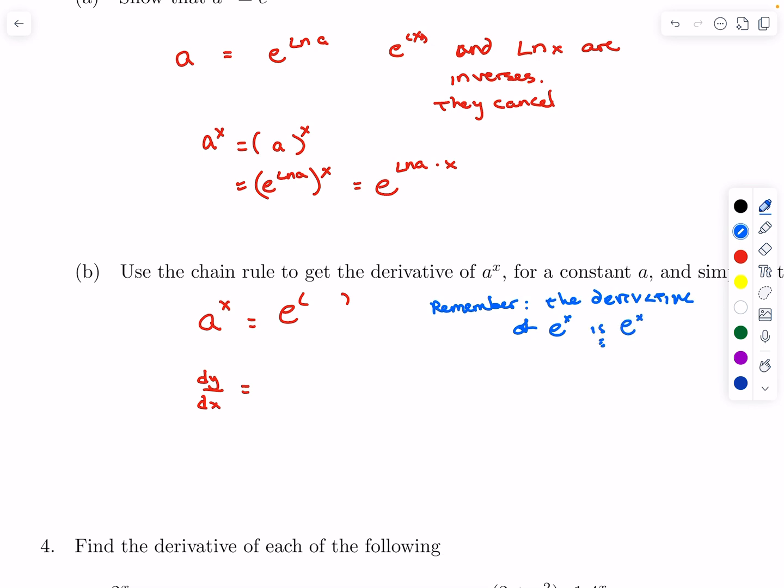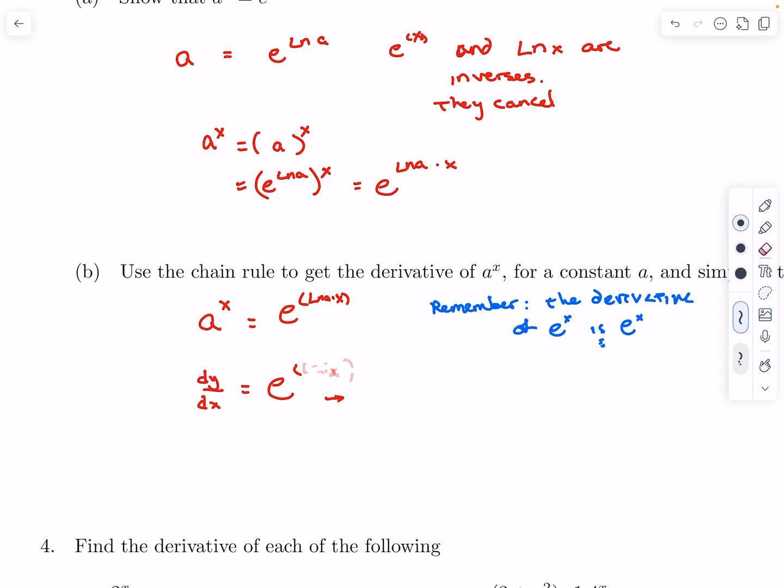It does not follow that pop the exponent down rule. That only works for constant exponents. So the derivative of e to the thing is e to the thing, chain rule. And the inside is ln a times x. That's terrible. Here, let me rewrite that.